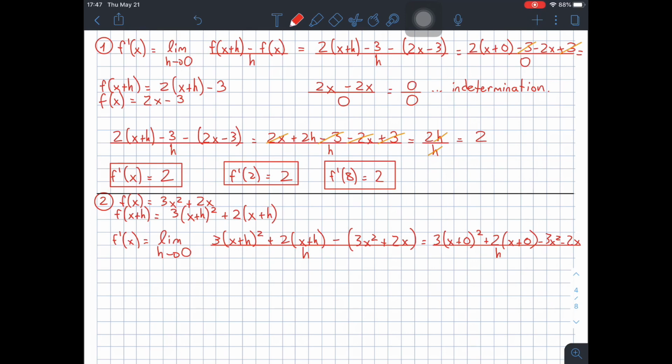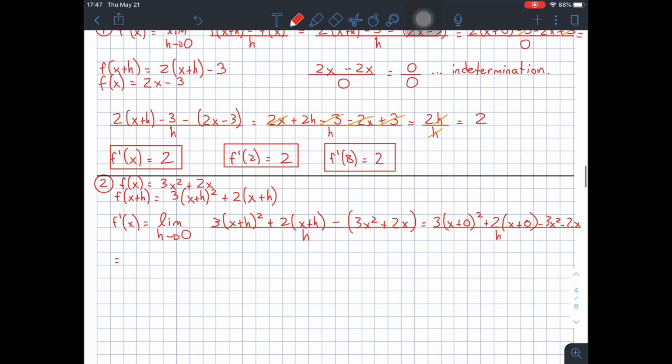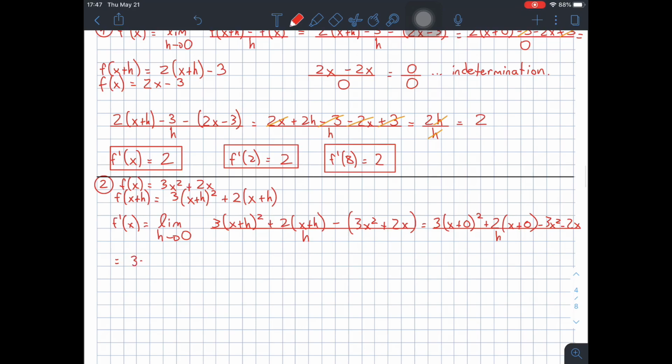And if you keep on simplifying this, we would get 3x squared plus 2x minus 3x squared minus 2x, divided by, sorry, the h below should already be 0.